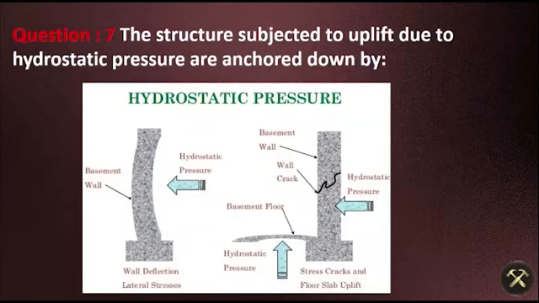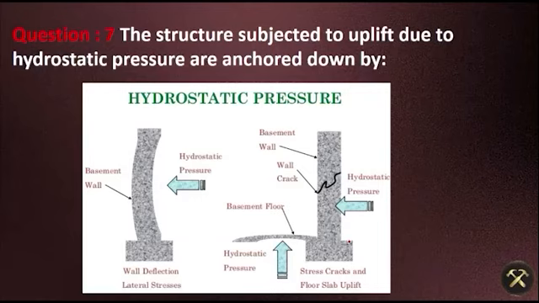Question number 7 says: the structure subjected to uplift due to hydrostatic pressure is anchored down by. For example, if we have an underground structure or one on the ground, the earth has some hydrostatic pressure, especially in wet areas.